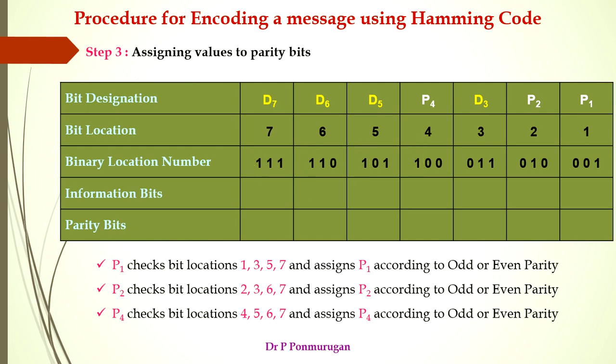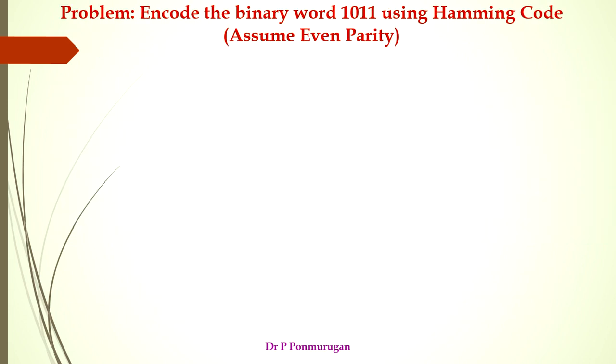So let us solve a problem for better understanding. Let us take the problem: encode the binary word 1011 using Hamming code, and here we assume even parity. The first step is the number of parity bits, and we can calculate it with the formula 2^p >= x + p + 1.